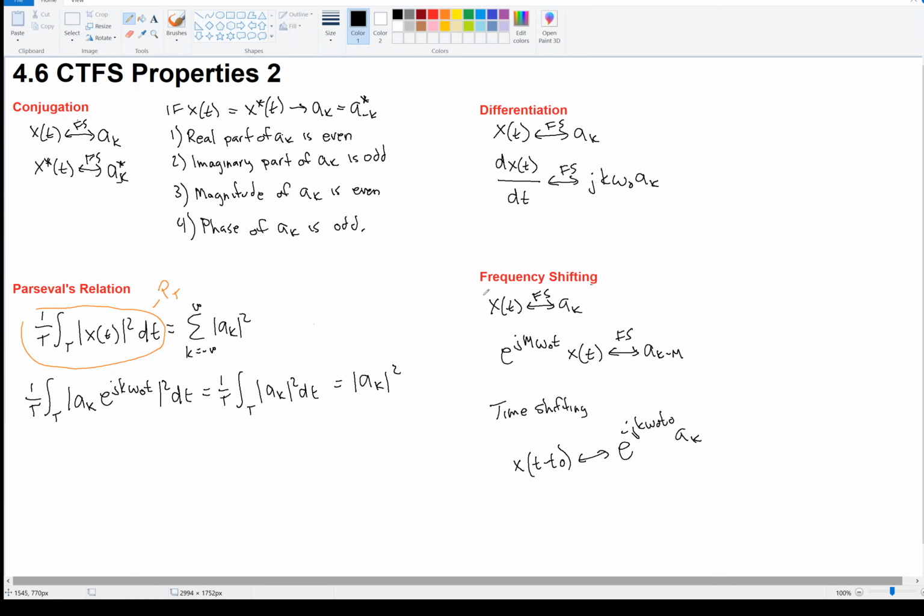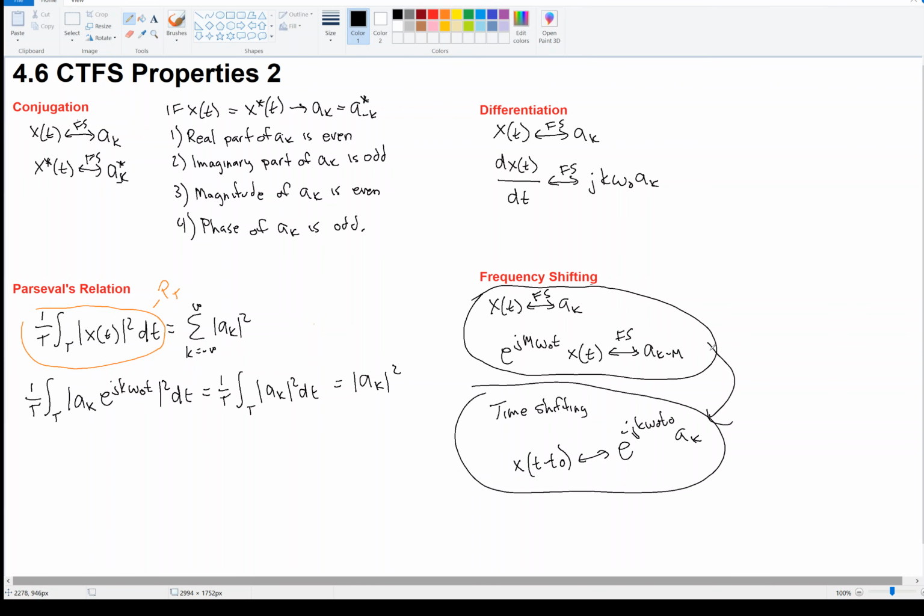So this is actually demonstrative of the duality property. That is to say, you will see these sort of dual properties in effect as we look at more of these. So we've got the frequency shifting and the time shifting. These are dual properties. When you do one thing in time, it has a dual thing in frequency, and we observe the opposite is true.